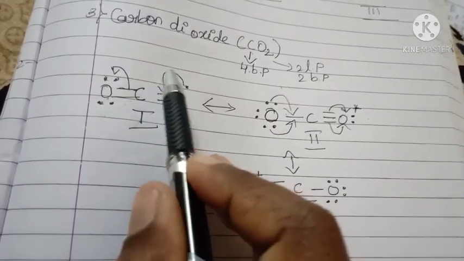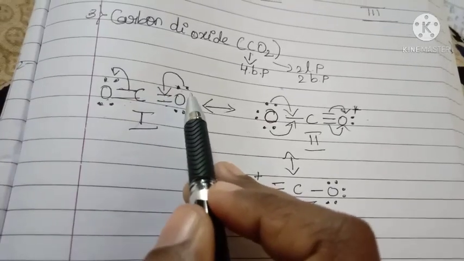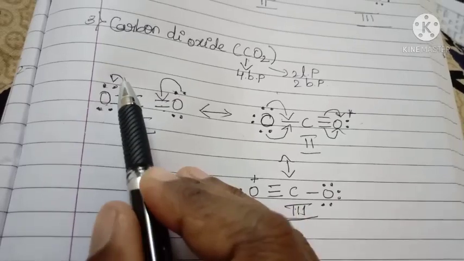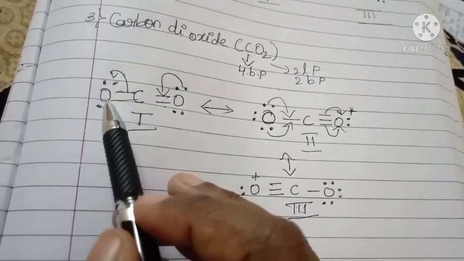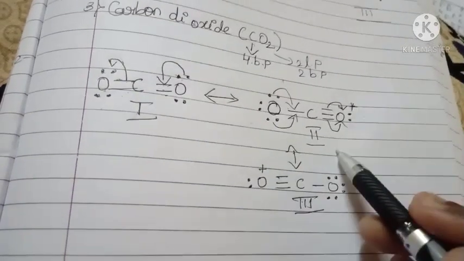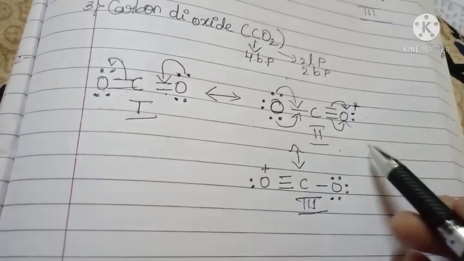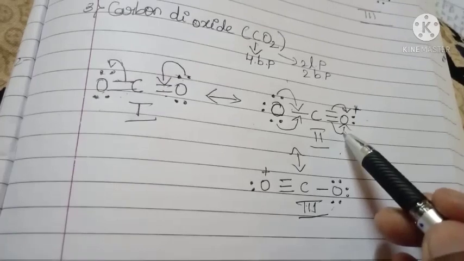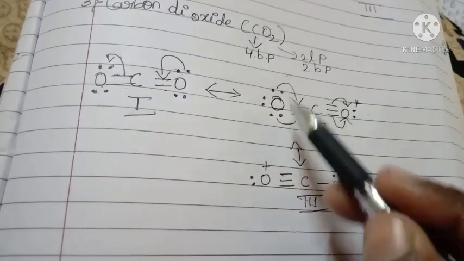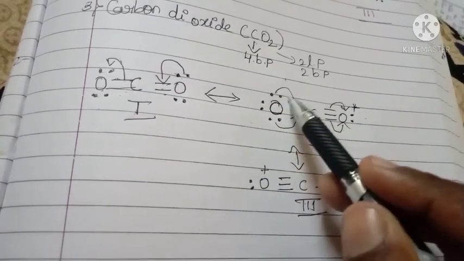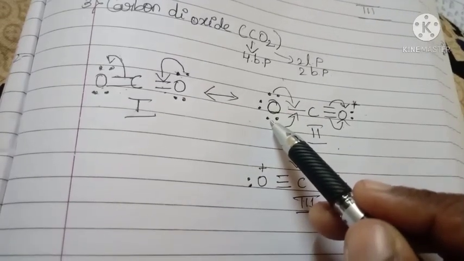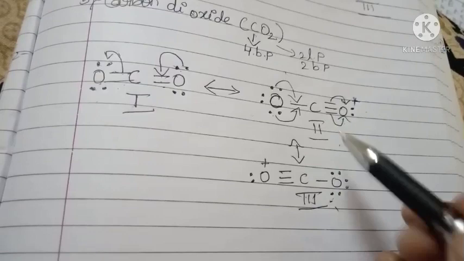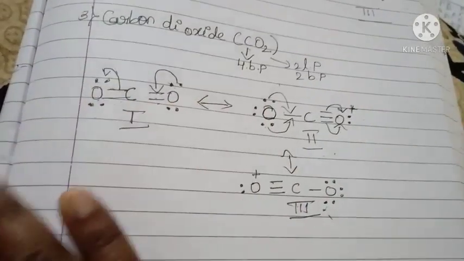Here this lone pair should be converted to a bond pair, so that's why it carries a positive charge, and this bond pair should be converted to a lone pair. This is the second resonating structure. Next, the third one is, these bond pairs are converted to lone pairs and this lone pair should be converted to a bond pair, so that's why it carries a positive charge. These are the resonating structures of carbon dioxide.